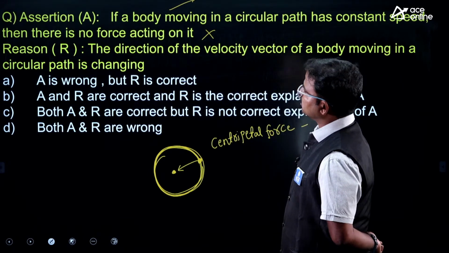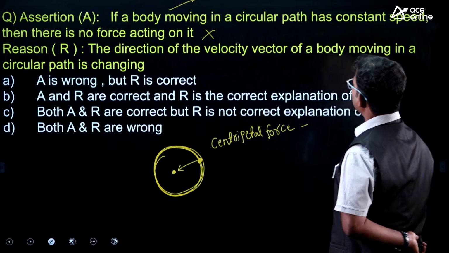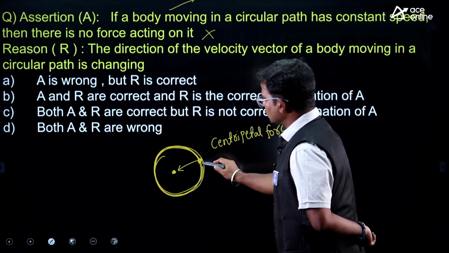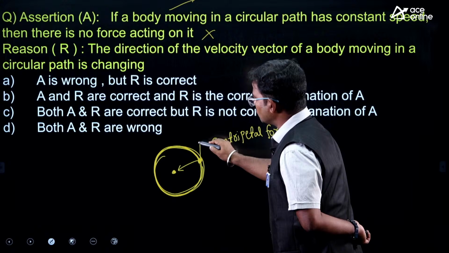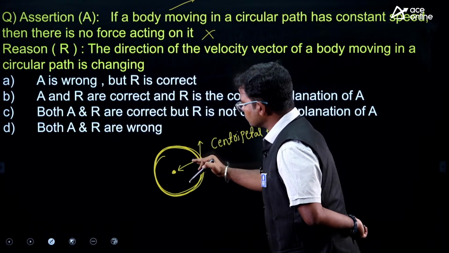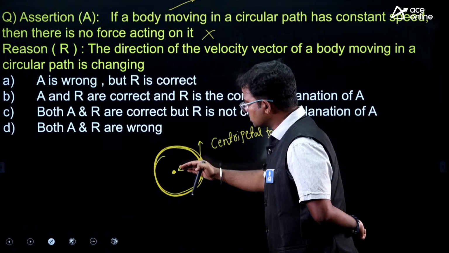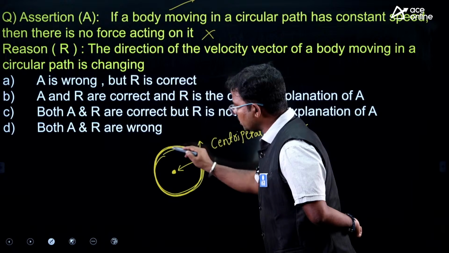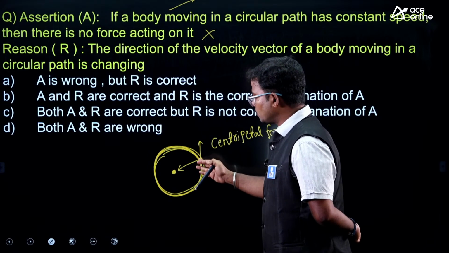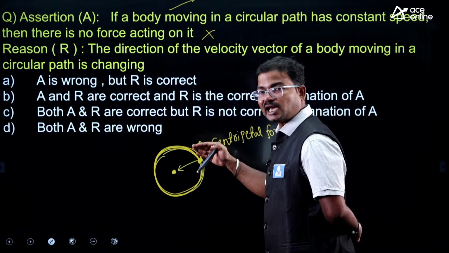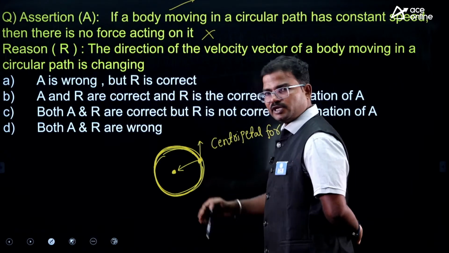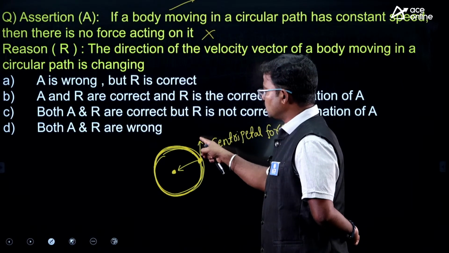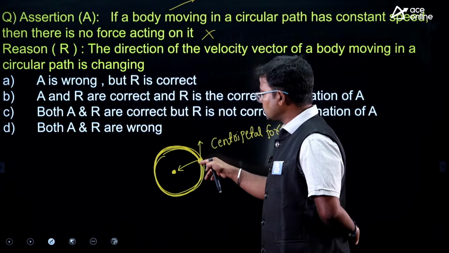Next, the reason: the direction of the velocity vector of a body moving in a circular path is changing. Yes. It always tries to move along a straight line path, but because of the existence of centripetal force, its orientation is angular. If there were no such force, the object would maintain a linear path, but it is not exhibiting that.